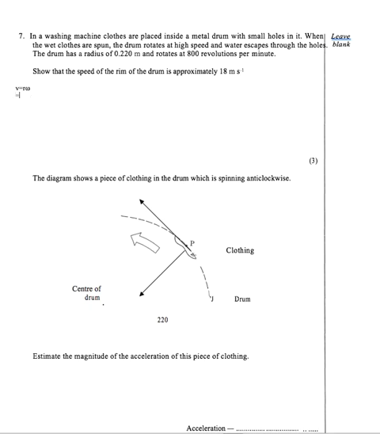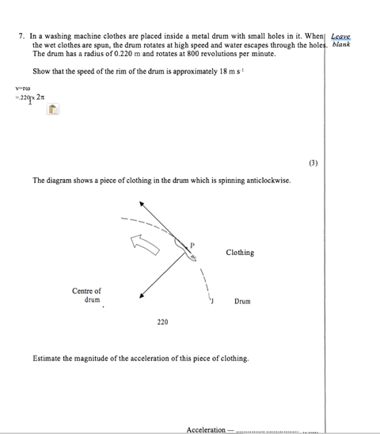So there's 0.220 meters is r, times 2 pi, times 800 revolutions per minute divided by 60, which is 800 revolutions divided by 60 per second.